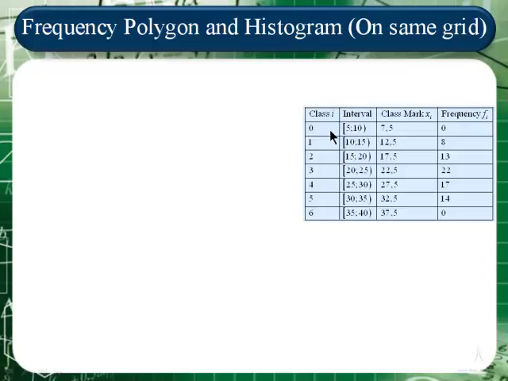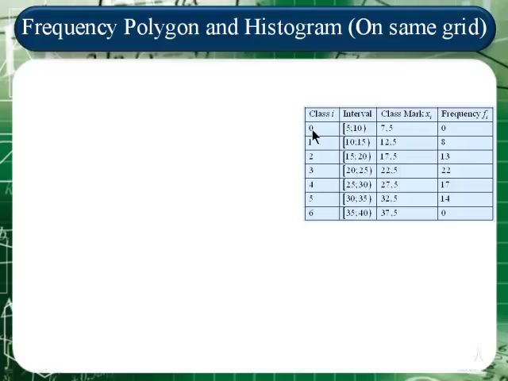Let us look at an example of a frequency polygon and a histogram on the same grid. Let's look at the same frequency table where we've added an additional column in which we indicate the class mark xi, which is simply the midpoint of each of the intervals.